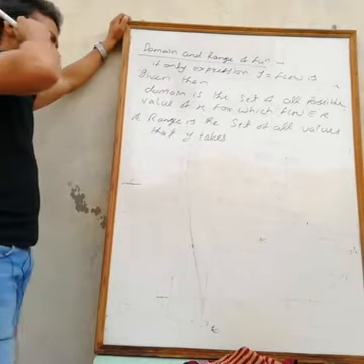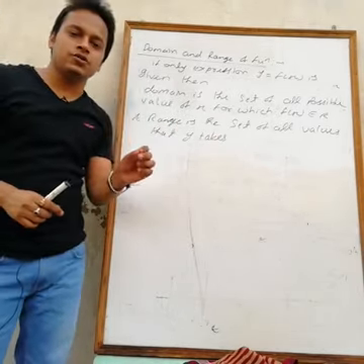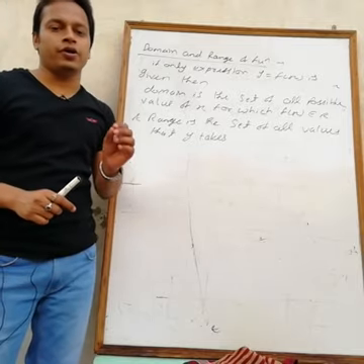Or simply just remember one thing: all possible values of x are known as the domain, and all possible values of y are known as the range.